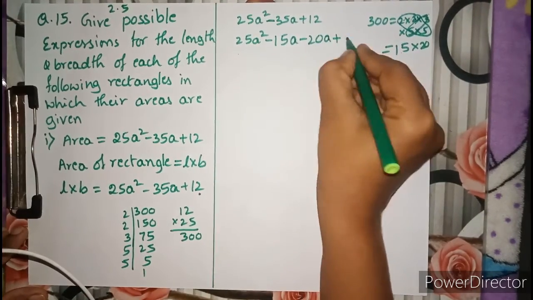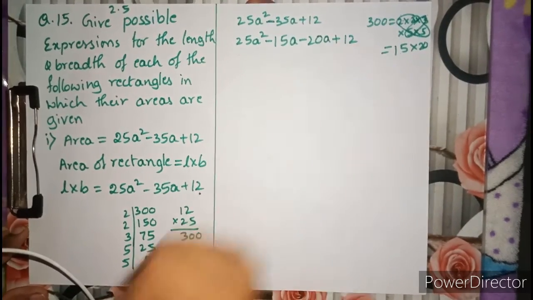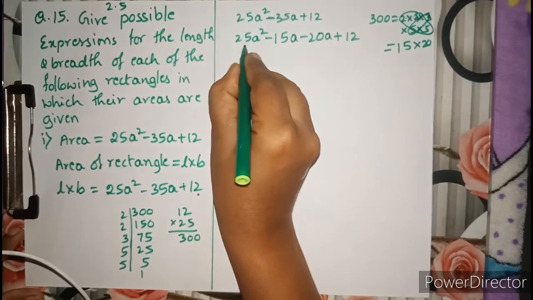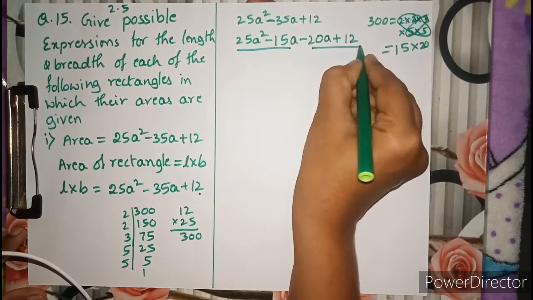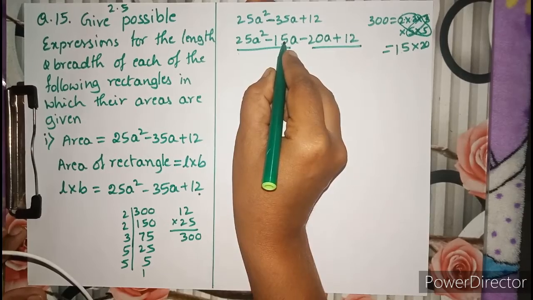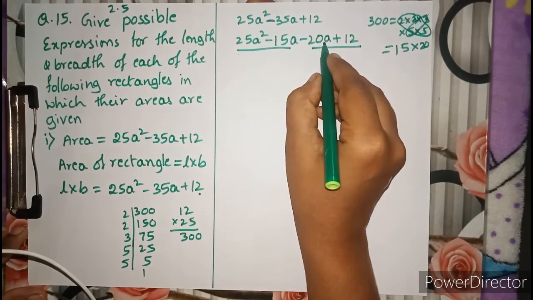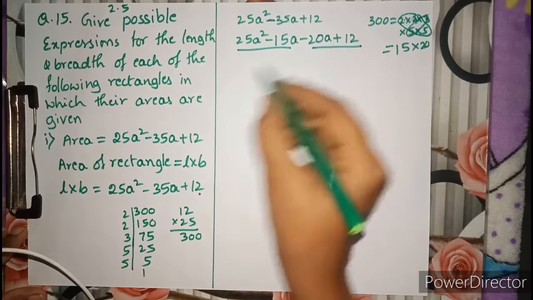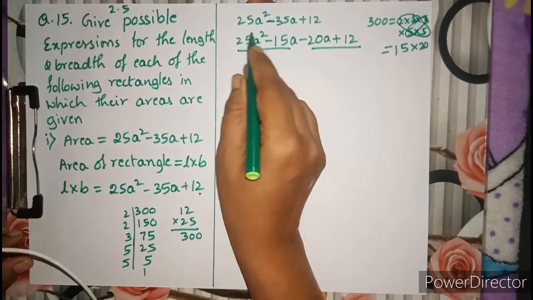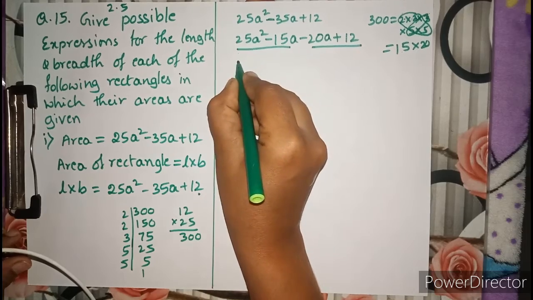So plus 12. Now make two parts: 25a square minus 15a, and minus 20a plus 12. The common factor in these two is 5a.